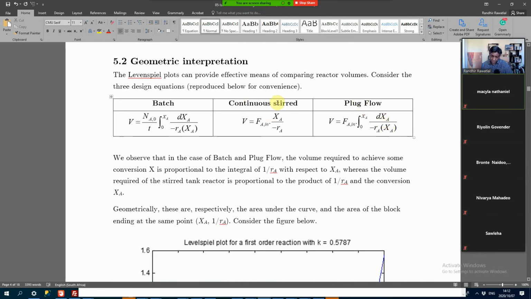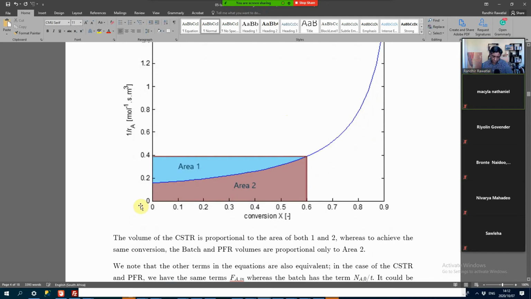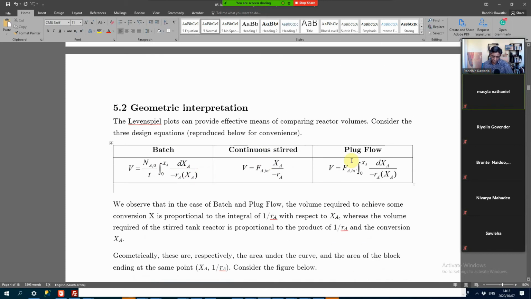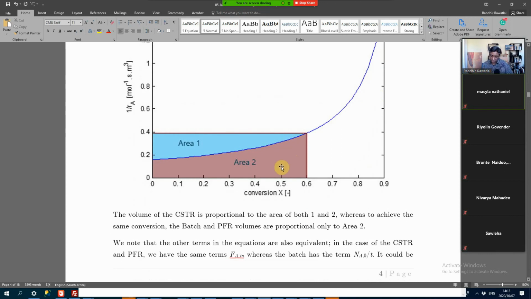For your CSTR, on the other hand, it's more like Xa times 1 over Ra. Remember, this axis is Xa, and then 1 over Ra is this value. So if you take the product of 1 over Ra, which is this height, and Xa, which is this length, then the product of those two is that area 1 plus area 2, whereas the batch and plug flow cases are only proportional to area 2, the integral under the curve.